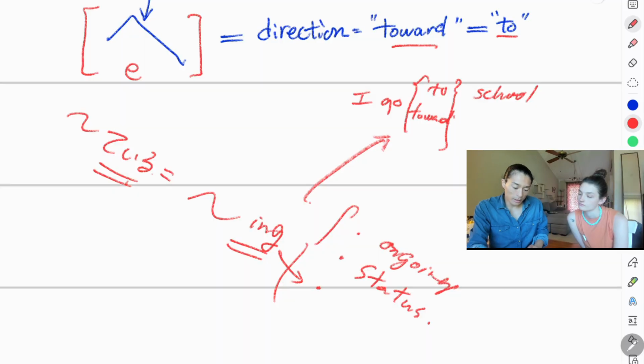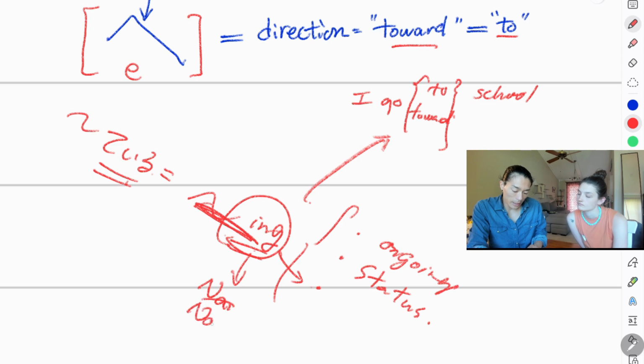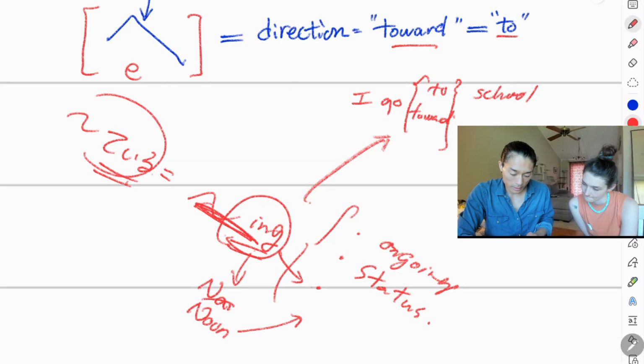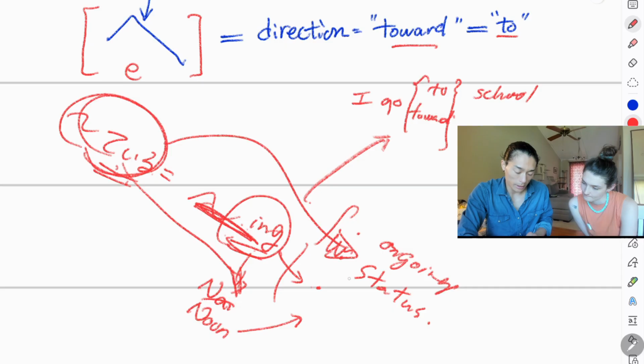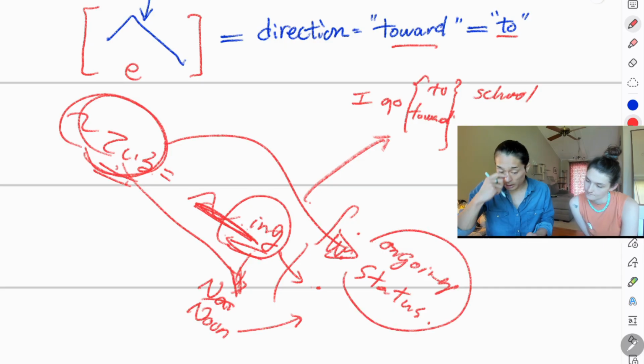The English version of ing has another function, which is to make whatever verb it is into a noun. Like I like studying. In that case, studying has become a noun, right? Like sleeping is important. In that case, sleeping is a noun. But this third one, the Japanese version of ing doesn't have; it has only these two functions.